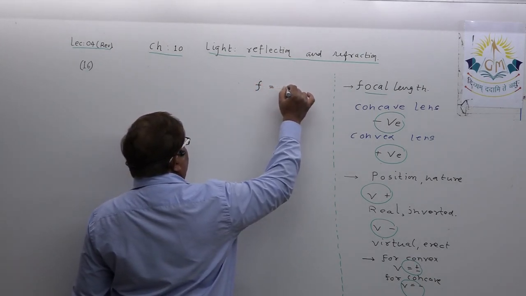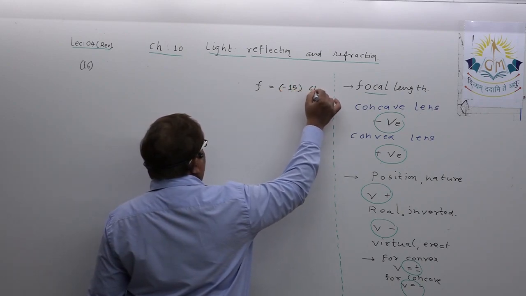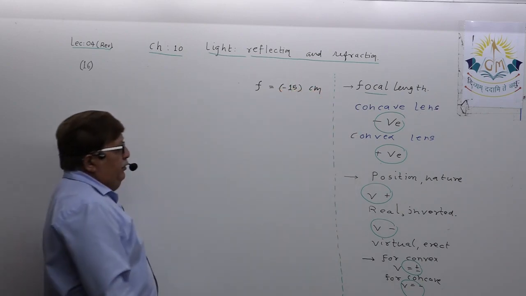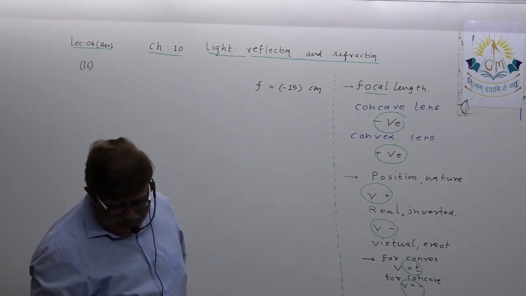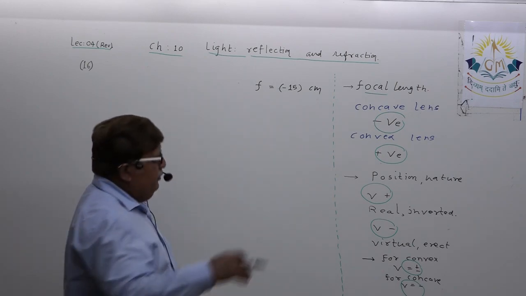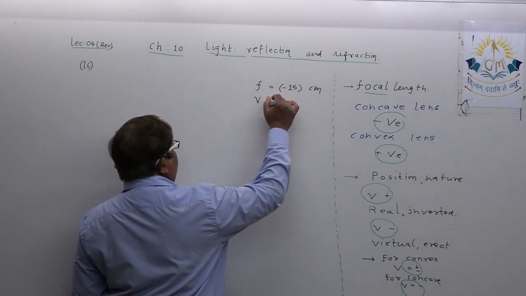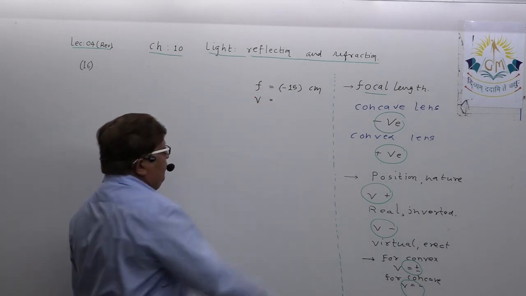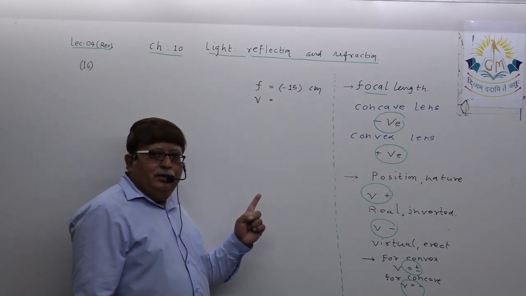15. Obviously, I would like to take it negative because it is regarding concave lens, and it has been given image is also formed at a distance of 10 centimeter. Here, my dear student, these concepts come to your direct help.